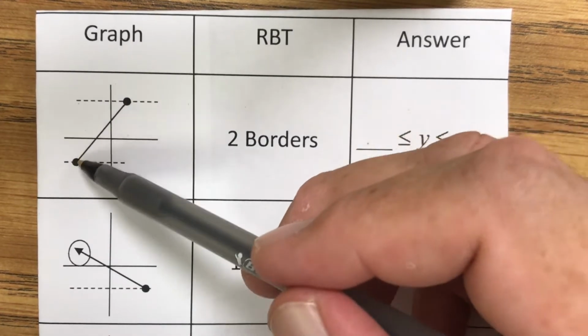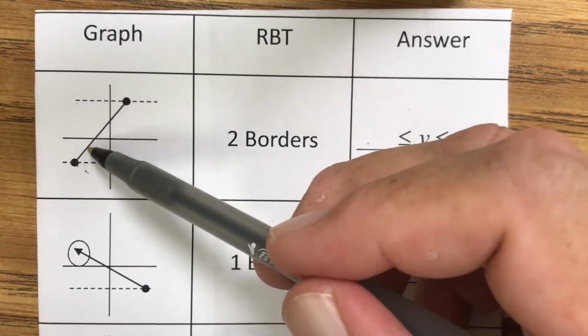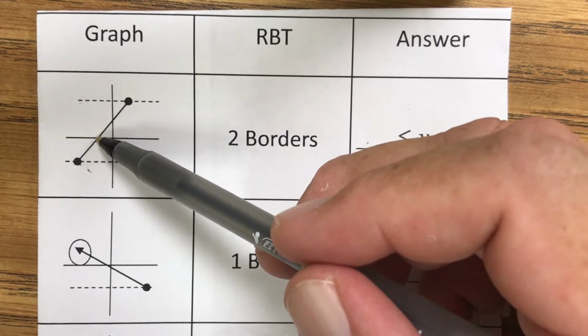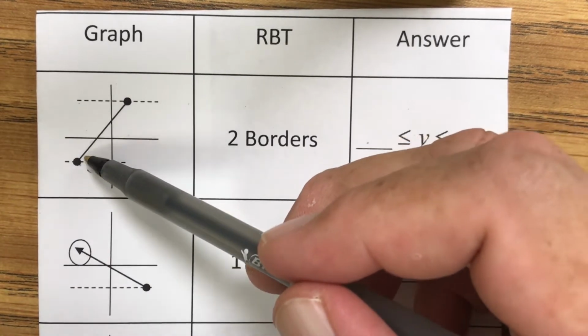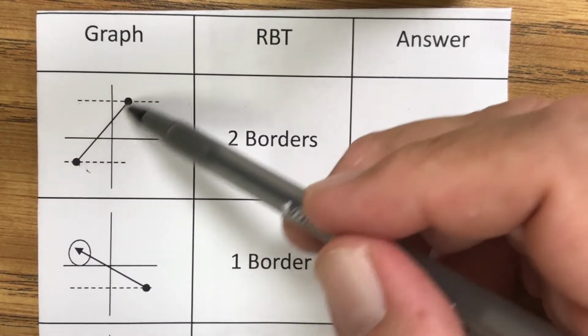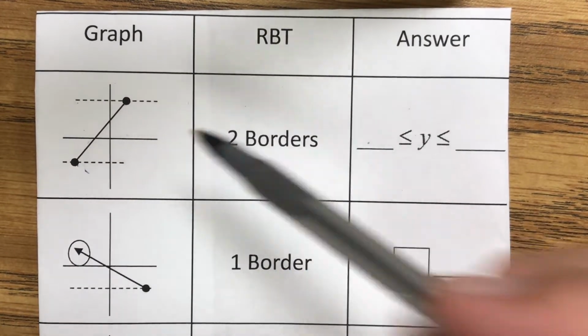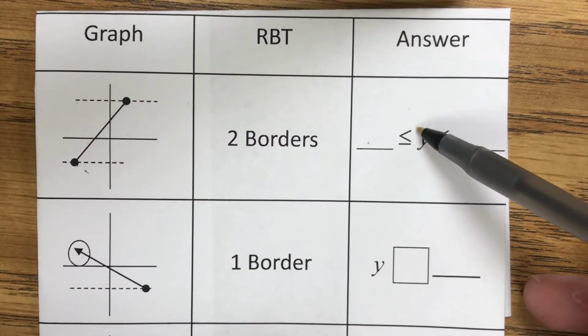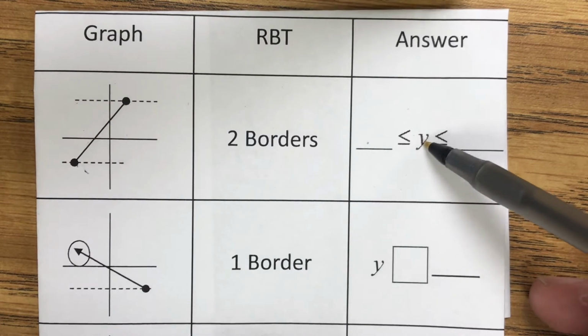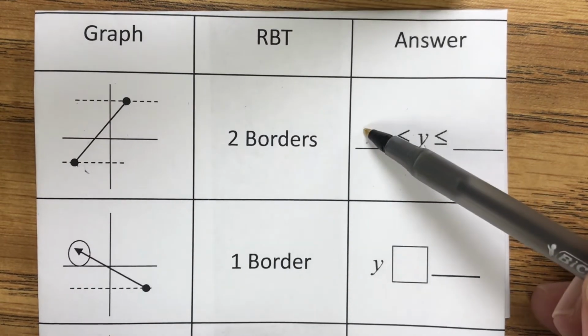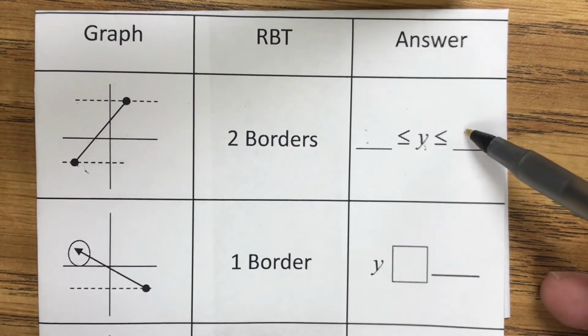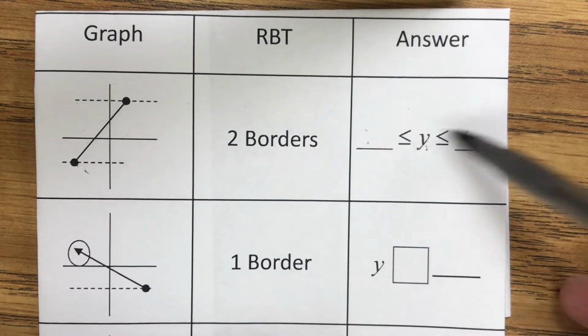And all of our Y numbers are going to fall in between there. So again, it could be any tiniest, smallest decimal, or whatever fraction you can think of that falls between these 2 points will be in the range. And instead of having an X this time, since we're talking about the range, now our answer will have Y. So the smallest number and the biggest number, all of our range values are in between those two numbers.